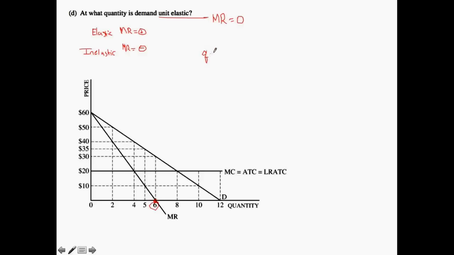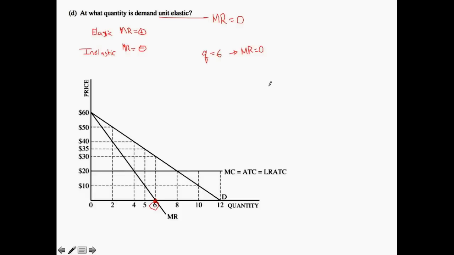So Q equals 6, and we would go ahead and explain that it's Q equals 6 because that's where marginal revenue equals 0. And that's pretty much it for part D. That part is just 1 point, so it's a pretty quick part of the overall question.